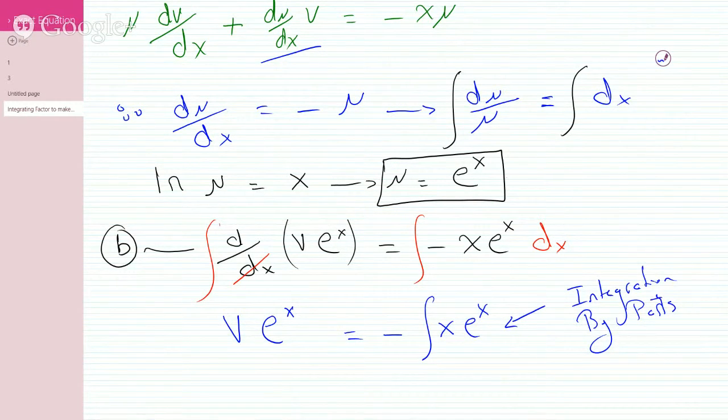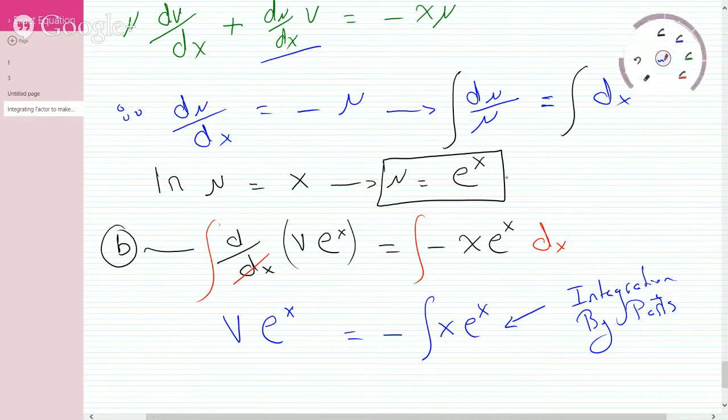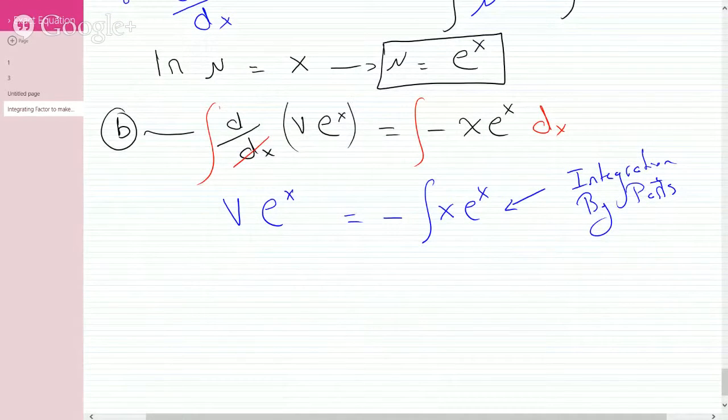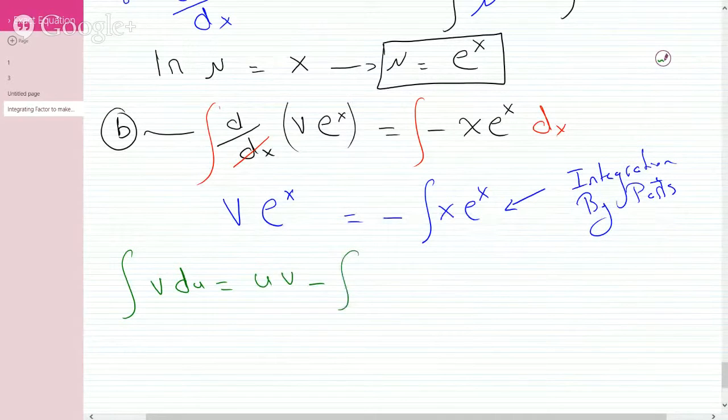So for integration by parts, let's do this in green. The integral of u dv is equal to uv minus the integral of v du.